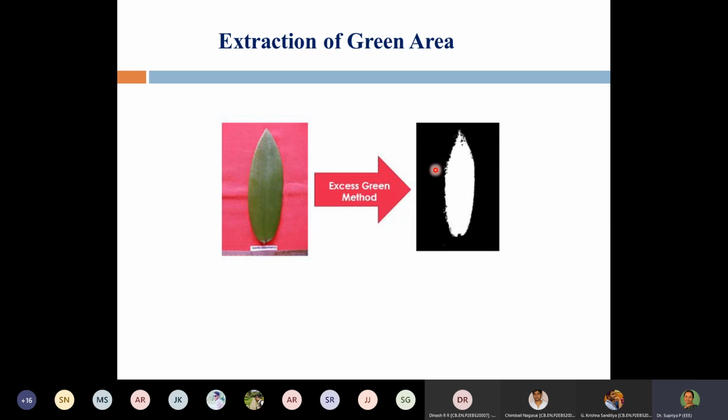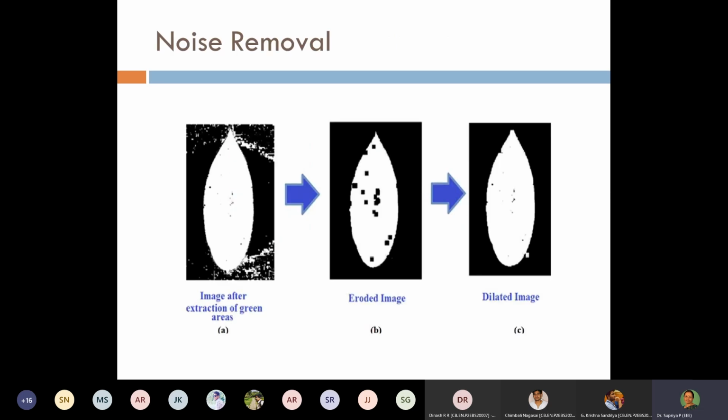But when the excess green method has been done, you could see that the leaf which is originally smooth has got some curves here. Similarly, some black spots have also entered inside the leaf. Small black spots they may be, but they will affect the geometrical parameter calculation to a large extent. So let us see what processes can be done to remove the noise.